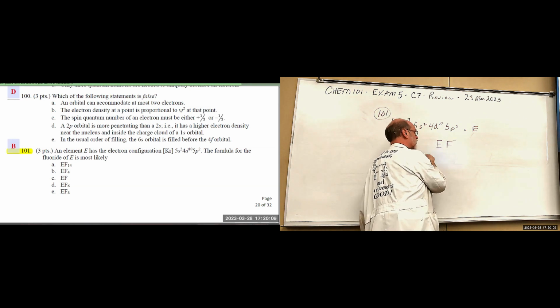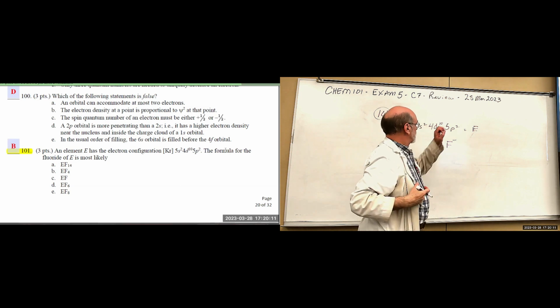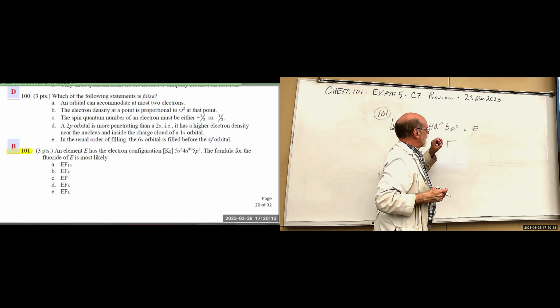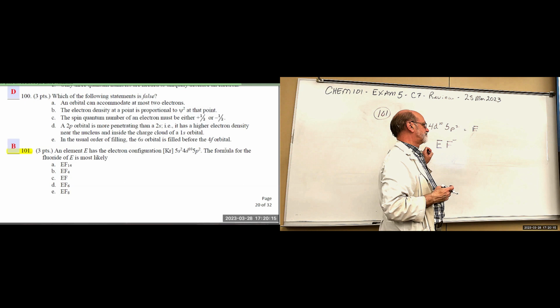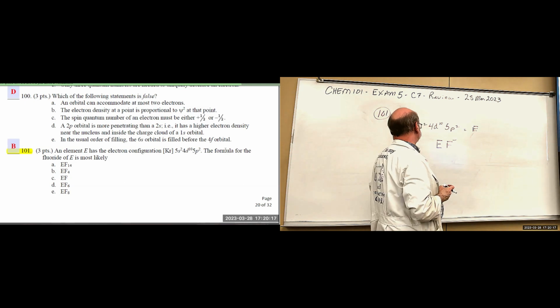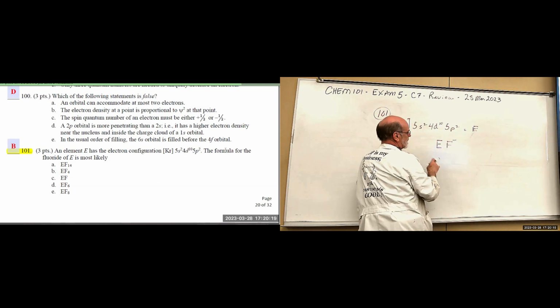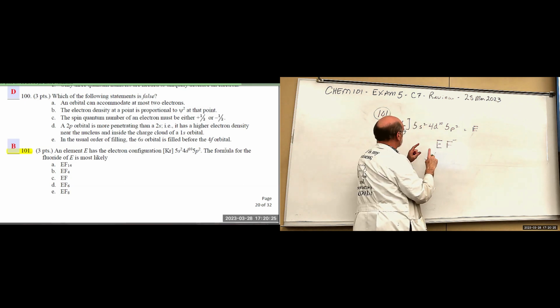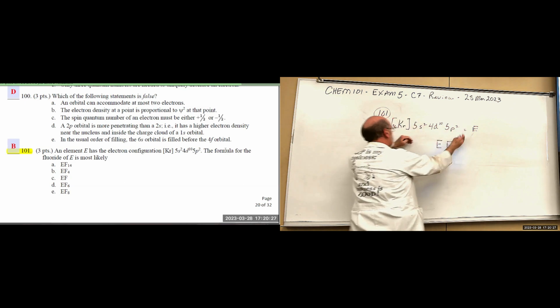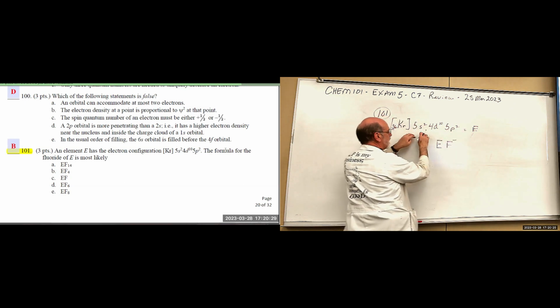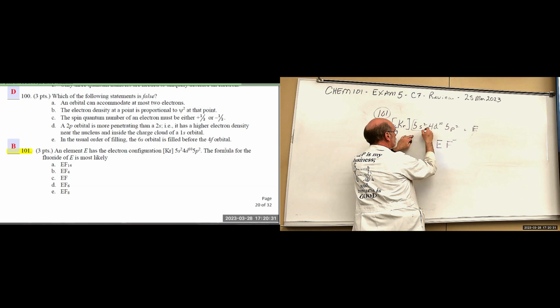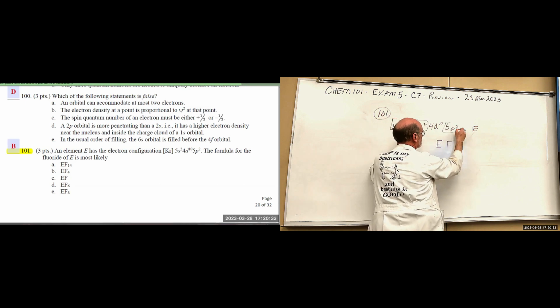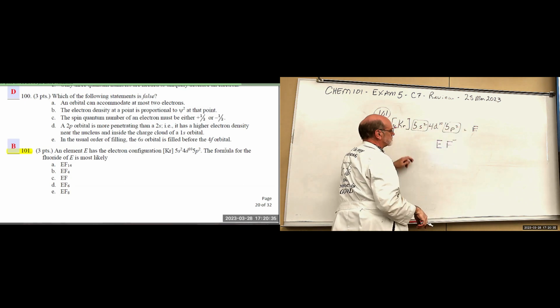So what's the charge on this one? Well, most likely, you have two choices. We want to get from here back to here by losing valence electrons. These are your valence electrons right here, 2 and 2.